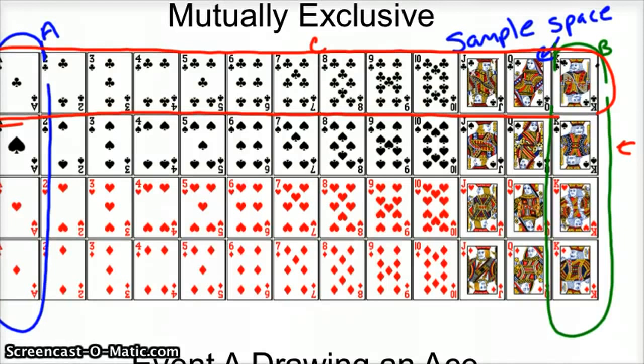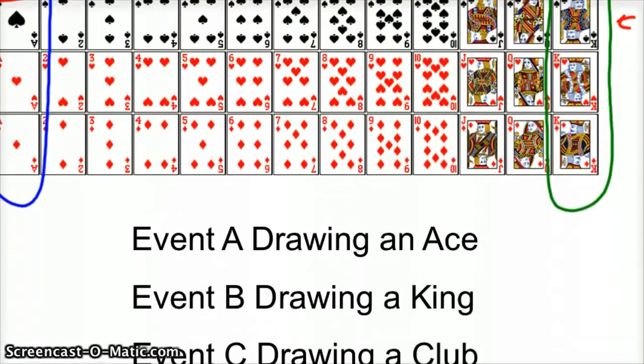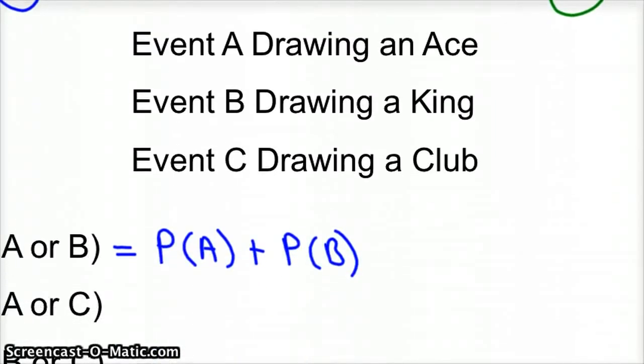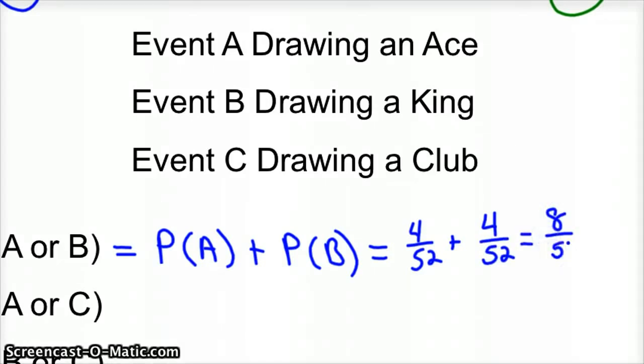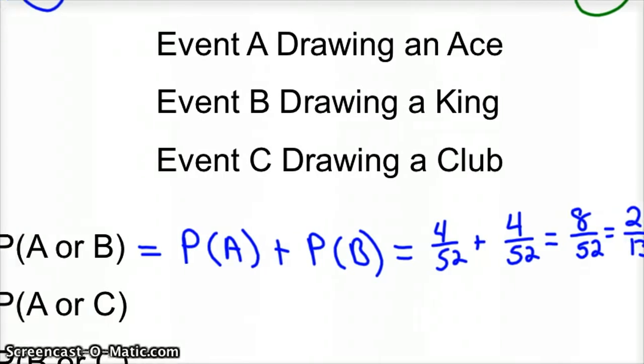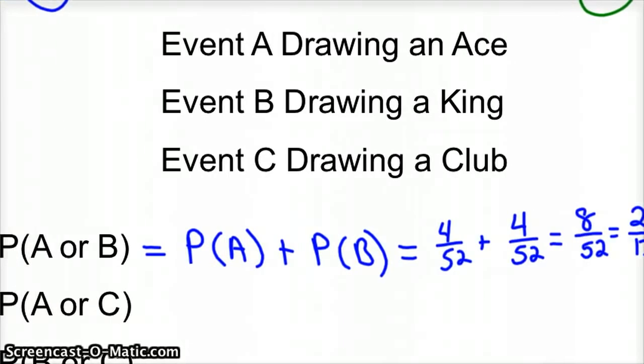There are 4 aces and 4 kings, so that's 8 out of 52. Or the probability of drawing an ace would be 4 out of 52, plus the probability of drawing a king would also be 4 out of 52. And so that would be 8 out of 52, which reduces, you could take a 4 out, to 2 out of 13.